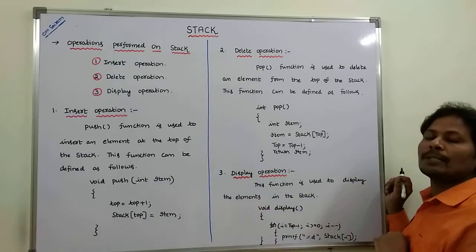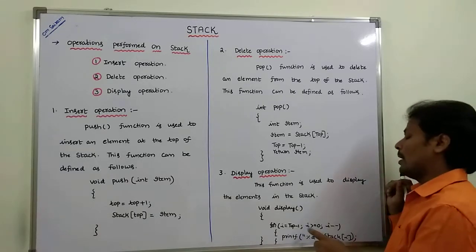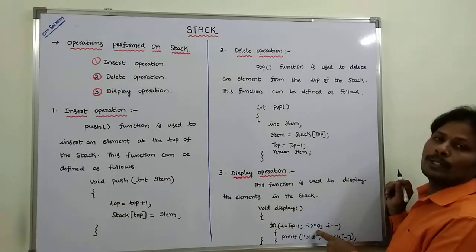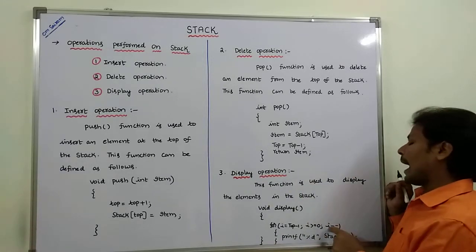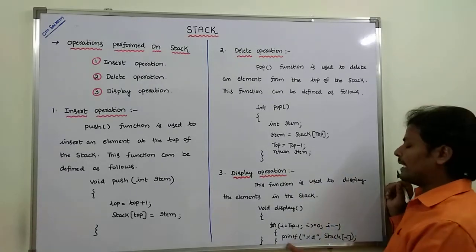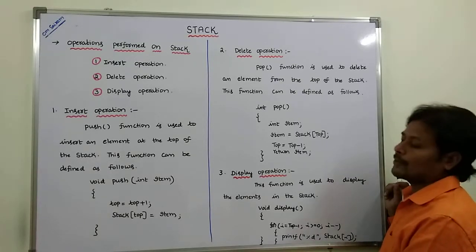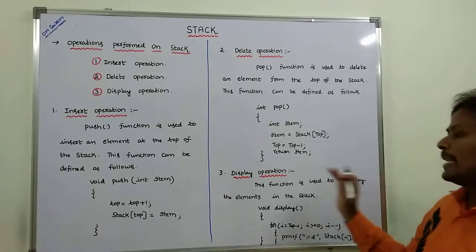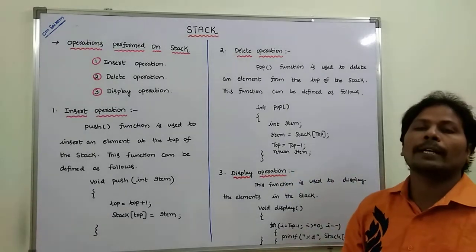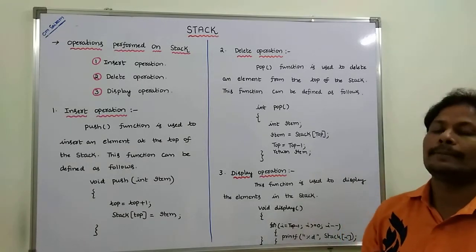Up to greater than or equal to 0, so i >= 0. Now we are decrementing one by one, so that is i--. So printf("%d", stack[i]). This function is used for displaying the elements in the stack.